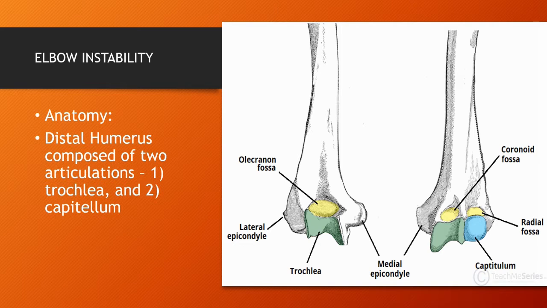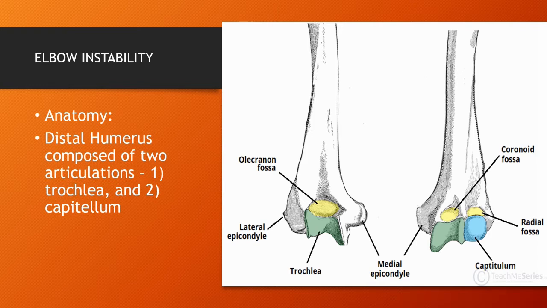So we're going to take a look at the elbow from the perspective of how the anatomic features, structures, and landmarks in the elbow either contribute to or compromise the stability of the elbow. Okay? And so let's begin here with the distal humerus. As the distal humerus approaches the elbow, let's talk about the distal humerus. So the distal humerus is composed of two articulations, the trochlea and the capitellum.